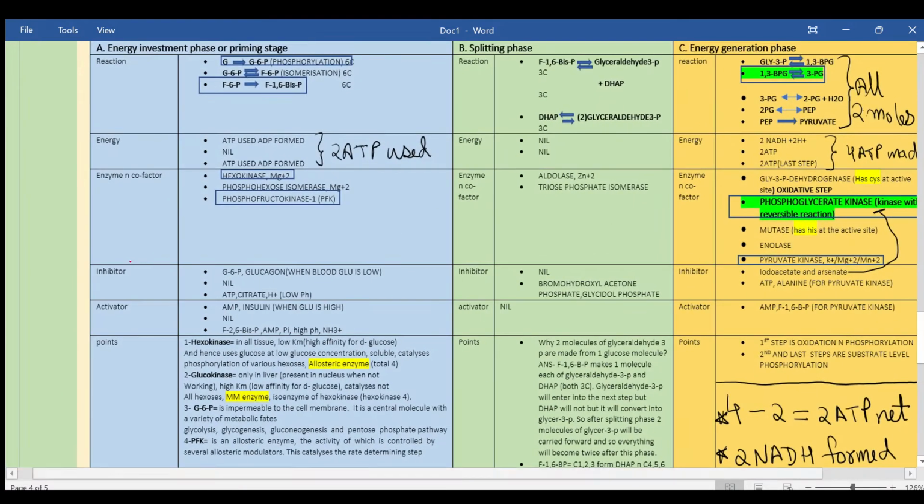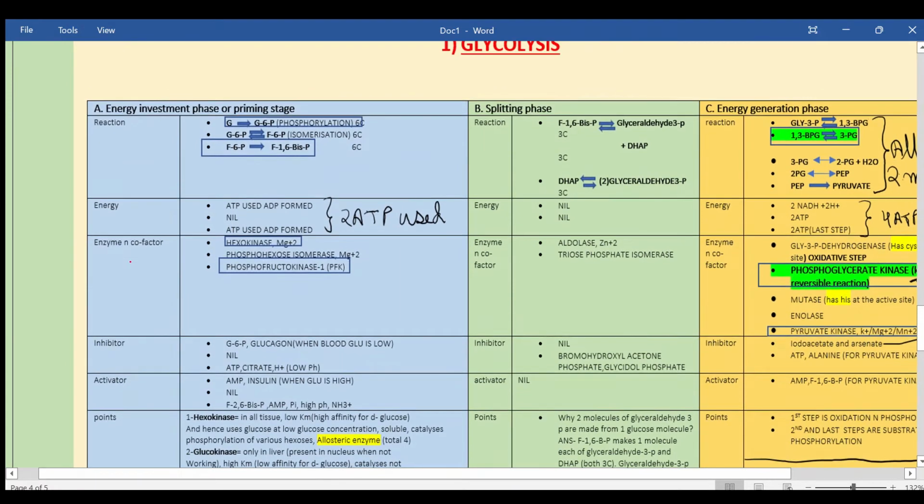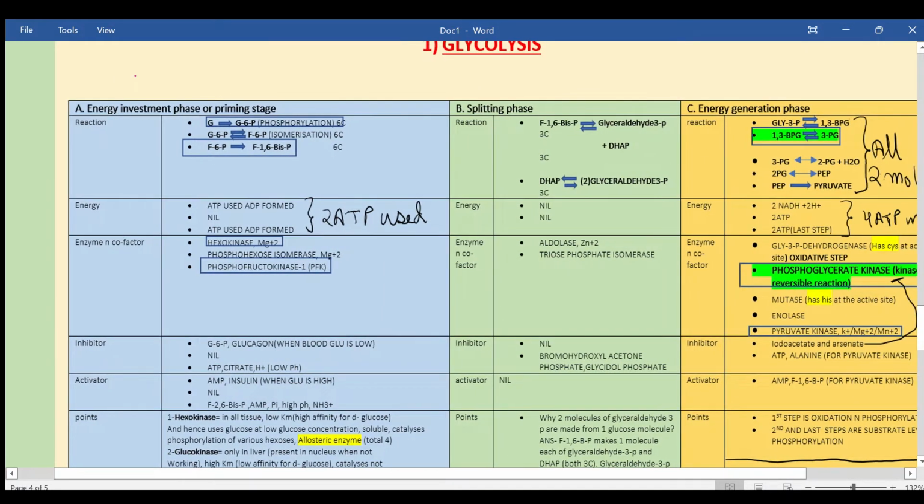So let's begin. I have divided glycolysis into three main phases: energy investment phase or priming stage, splitting phase, and energy generation phase. One by one, I will be dealing with all the three phases along with the products, the enzymes, and a few important points, and also ATP generation and utilization.